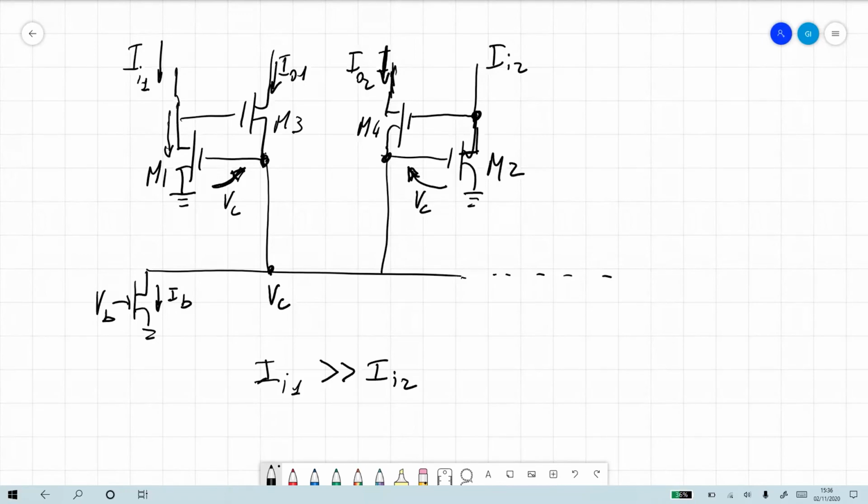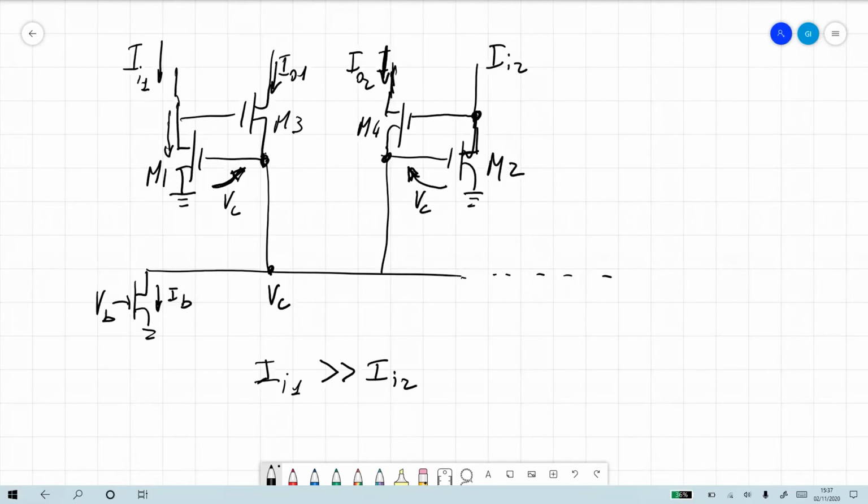So what other handles are there? In which other way can M2 sink a small current, given the fact that it has a high gate to source voltage? It has a very large forward component of the current, but the total current is small. So how can we satisfy both constraints?